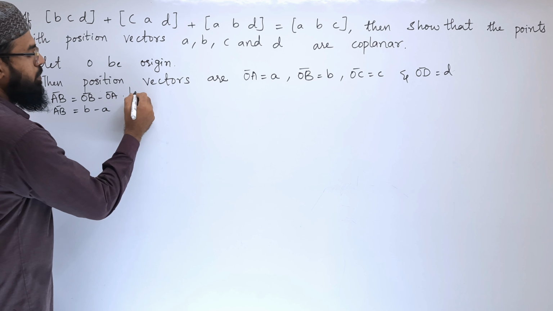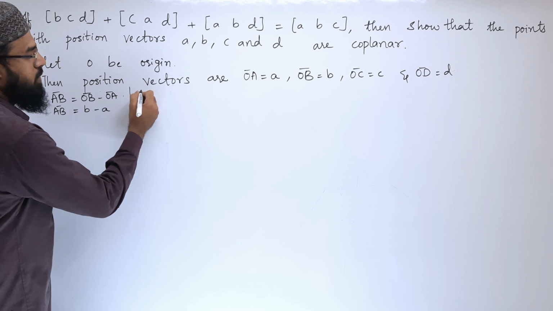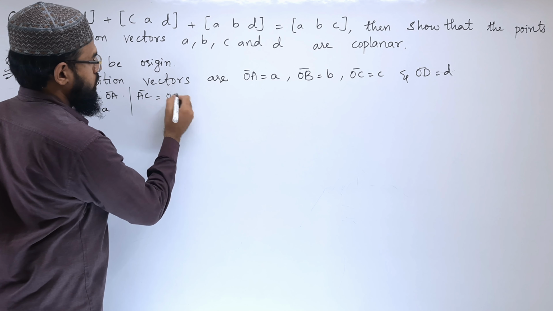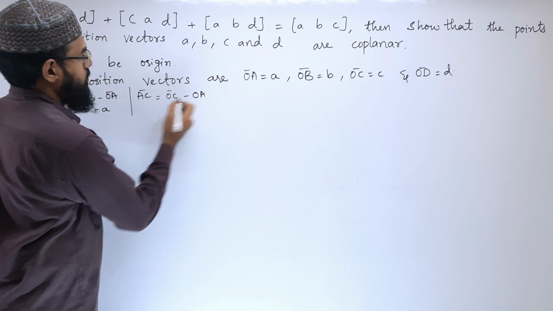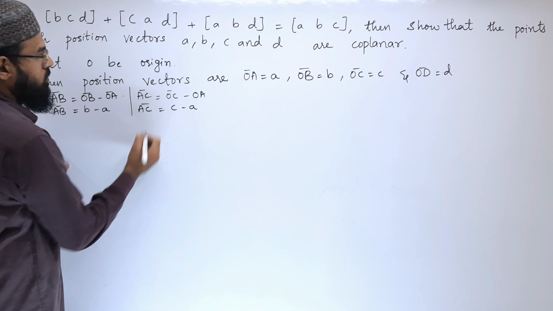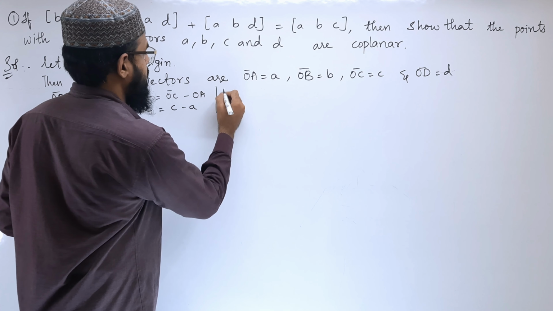Next, AC is equal to OC minus OA, so this is C minus A. Next is AD.